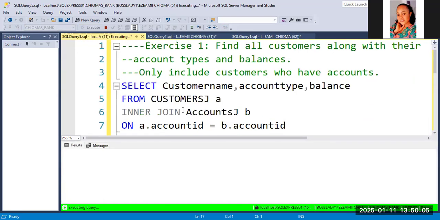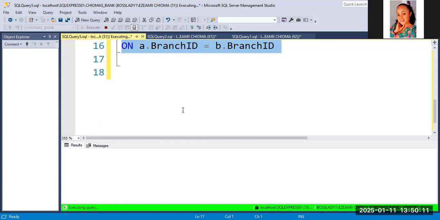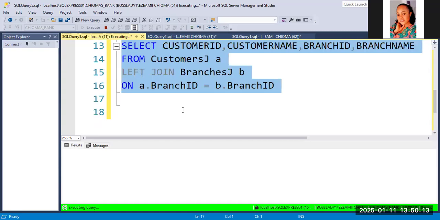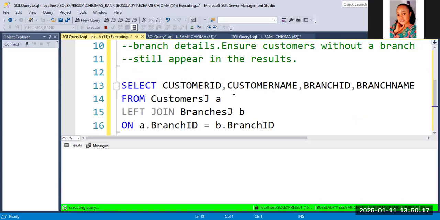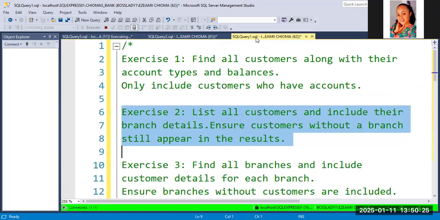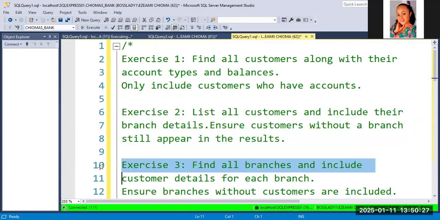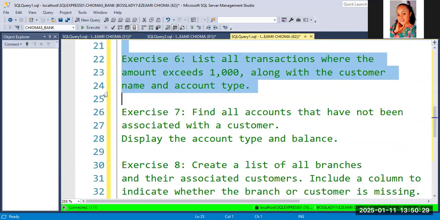So we're going to get all the customers with their branch details, all the branch information on the customers. That's the output we're going to get. So let's wait a bit for the result to come up, okay? While waiting, let me copy the next question. That's question number 3.